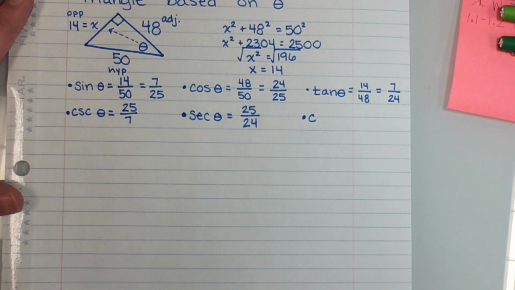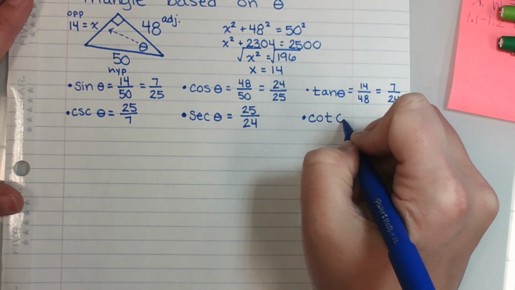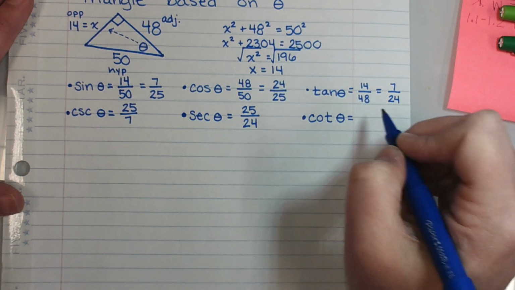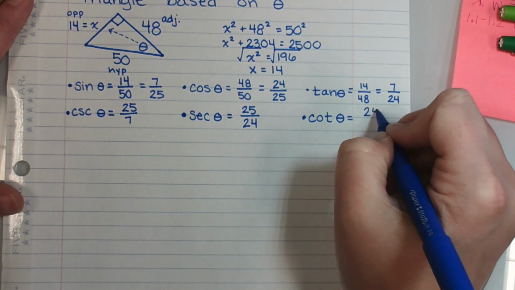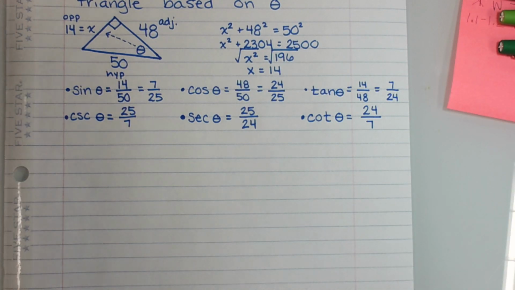Tangent's reciprocal is cotangent. Reciprocal of 7/24, 24 sevenths. Yes? No. I'll show you the top of it later so you can get the rest of it.